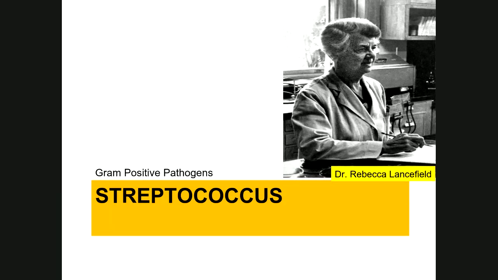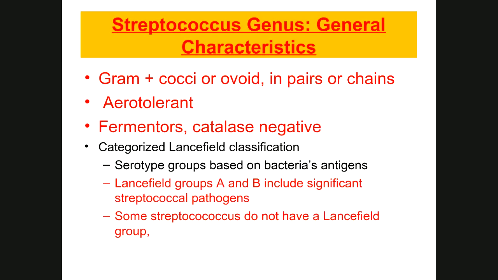So especially in the medical world, we classify Streptococcus based on what we call the Lancefield group of classifications. And so we don't really go by the genus and the species of the Streptococcus, we go by the Lancefield groups. Some of the most important Lancefield groups as far as pathogenic Streptococcus are going to be groups A and B. Some of these Streptococcus do not have a Lancefield group, like Streptococcus pneumoniae, for example.